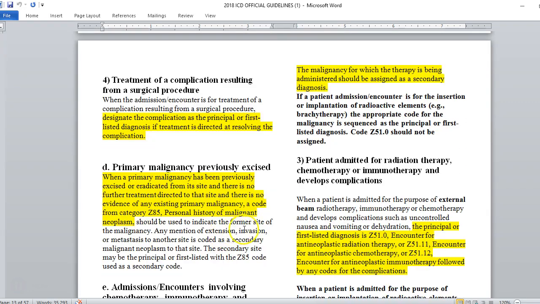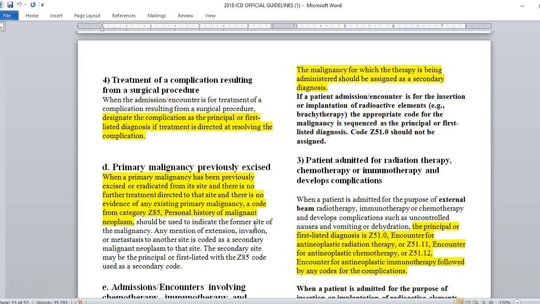Now, again, we try to do surgical procedures if we can to deal with these issues. So it tells us, when the encounter is for treatment of a complication resulting from a surgical procedure, designate the complication as the principal or first listed diagnosis if the treatment is directed at resolving the complication.